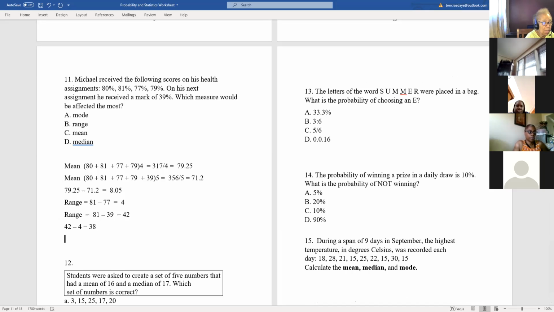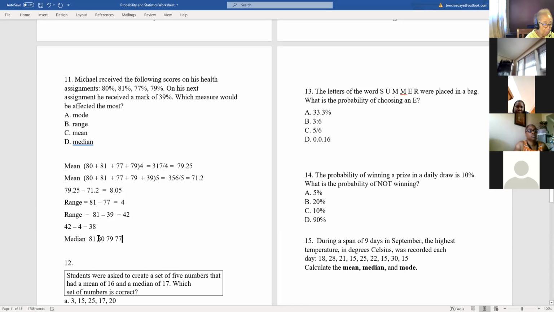How would we do the median, Maureen? You have to put them in order, right? So it would be 81, 80, 79, and 77.